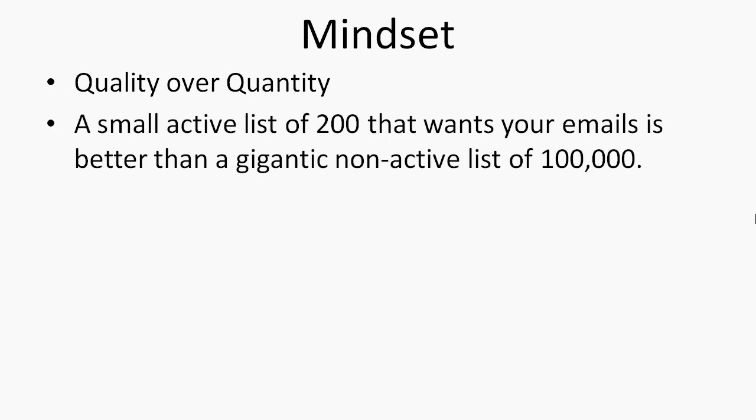Now, before we get started, I want to make sure that you get into the right mindset. The mindset here is quality over quantity. Don't think about the list of 10,000 people. Think about the list of 100 or 200 active people. A small list of 200 that wants your emails and is looking forward to your emails is way better than a gigantic non-active list of 100,000 people.